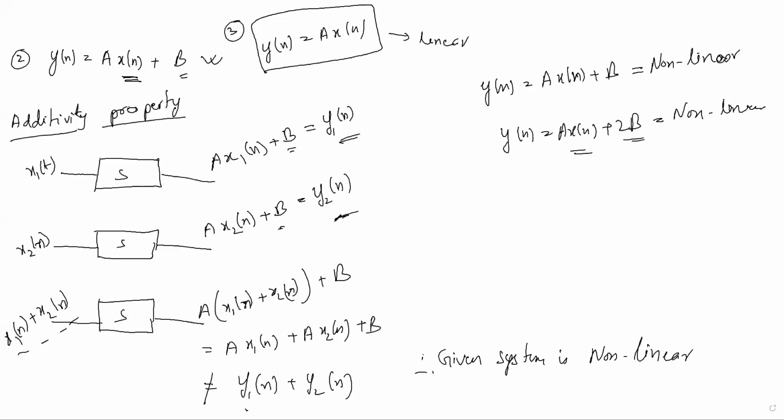Sir, if you add x1 of n and x2 of n, then we'll get a into x1 of n plus a into x2 of n plus 2b, no sir? Yes.